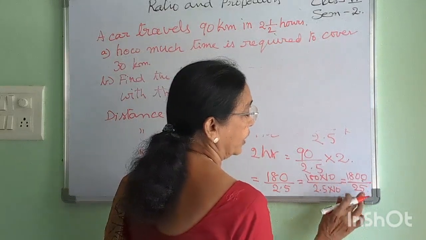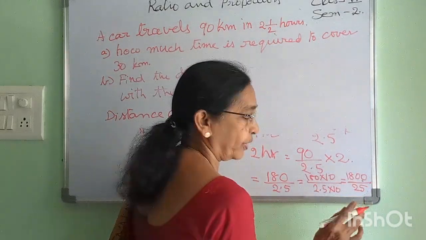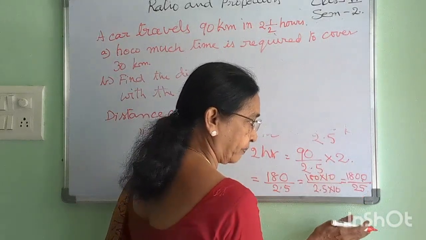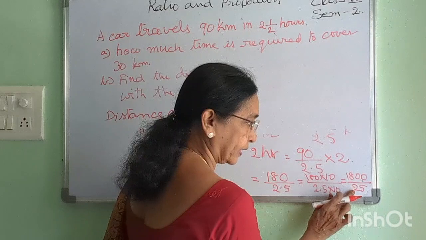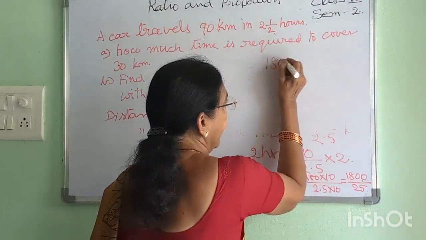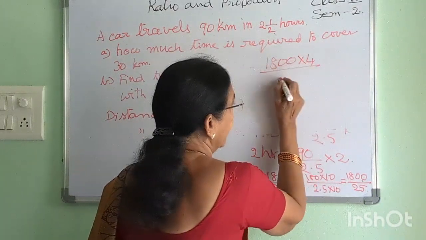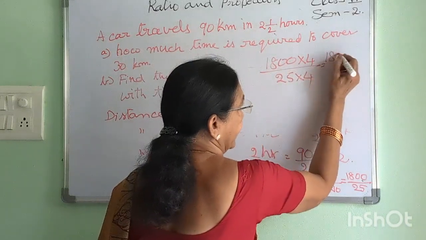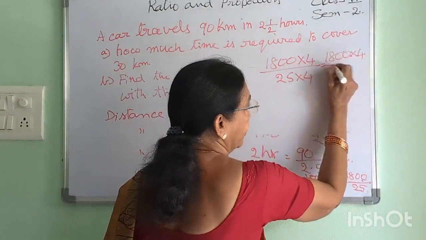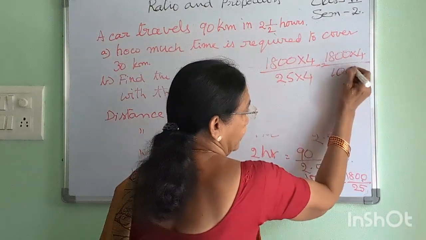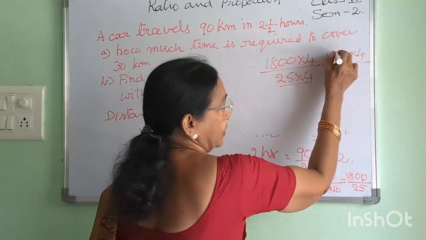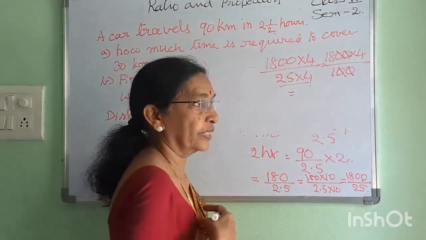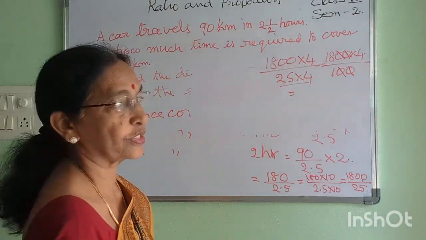If we multiply 25 by 4, we get 100. Therefore, to simplify, we will multiply both numerator and denominator by 4. That is 1800 into 4 by 25 into 4, which is 1800 into 4 by 100. So 2 zeros cancel. That is equal to 18 fours, which is 72.